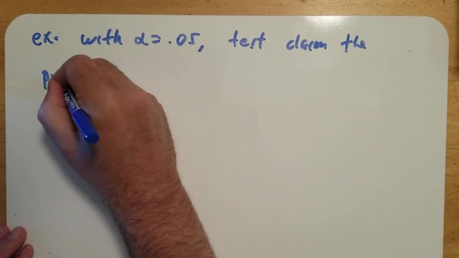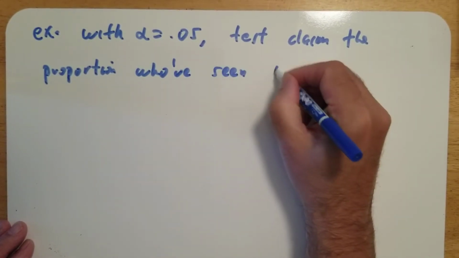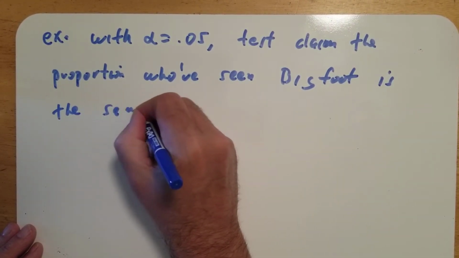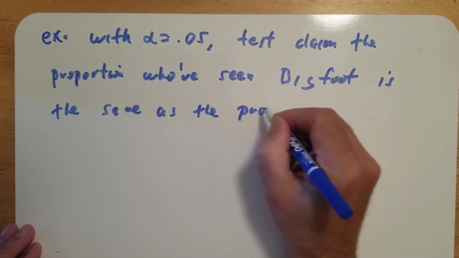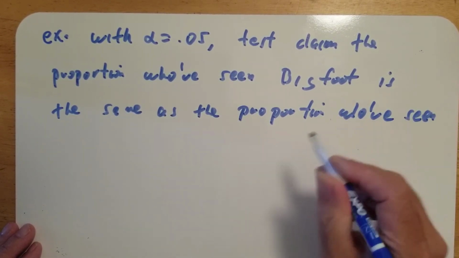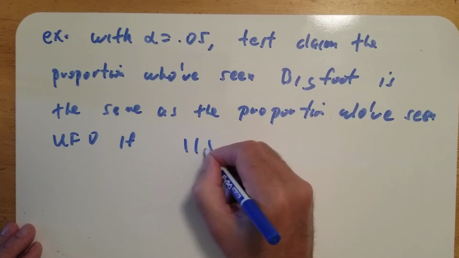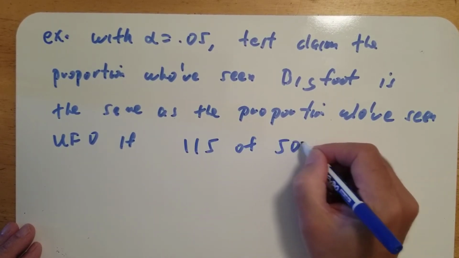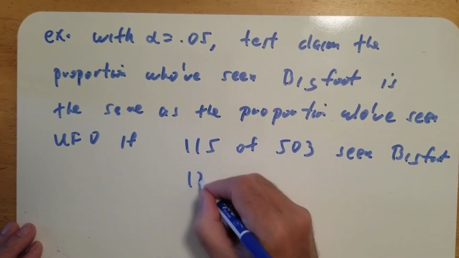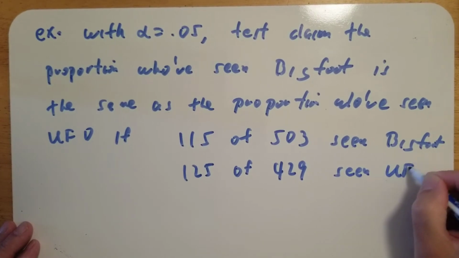The proportion who've seen Bigfoot is the same as the proportion who've seen a UFO, if 115 of 503 have seen Bigfoot and 125 of 429 have seen a UFO.